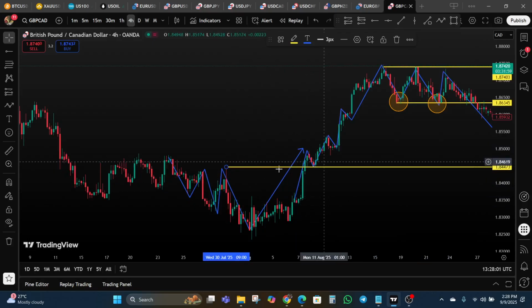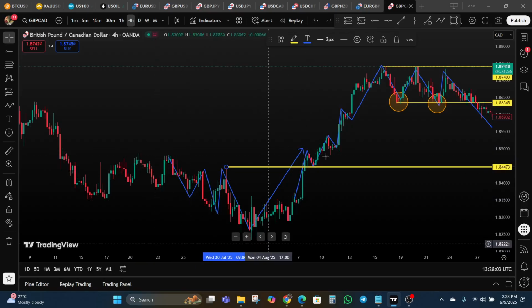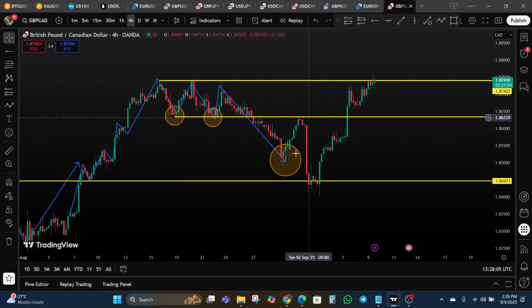So here we had a change of character from bearish to bullish, and here we had a change of character from bullish to bearish. Okay, so it's very, very straightforward. All right, patience is key. Let the market break structure and confirm the CHoCH, and then consider your analysis.